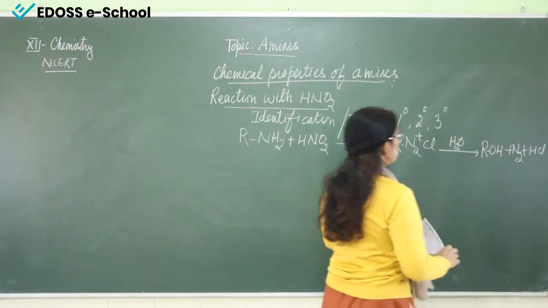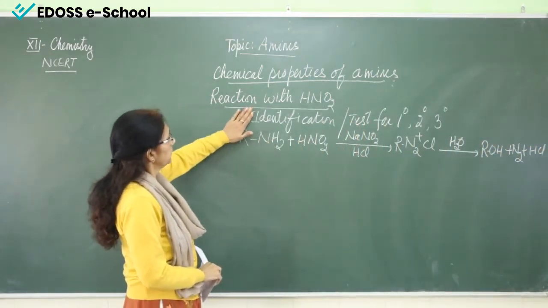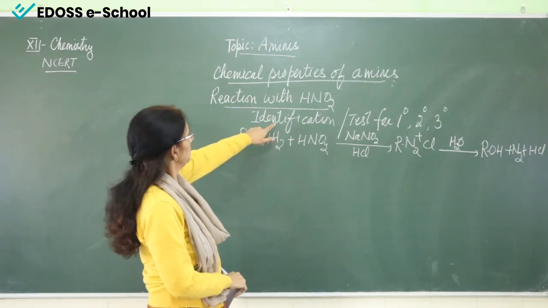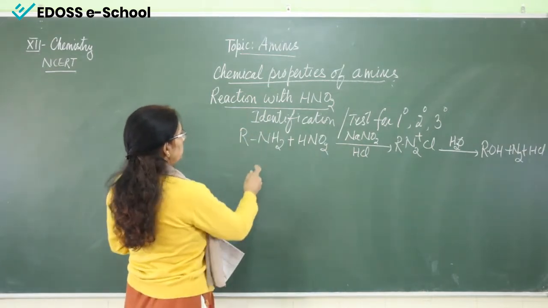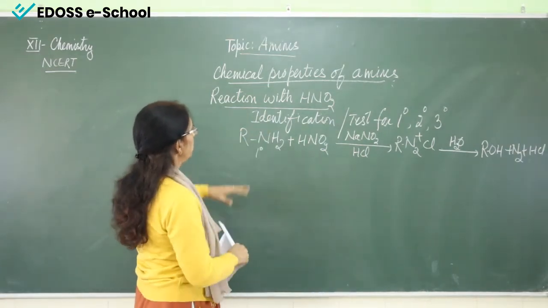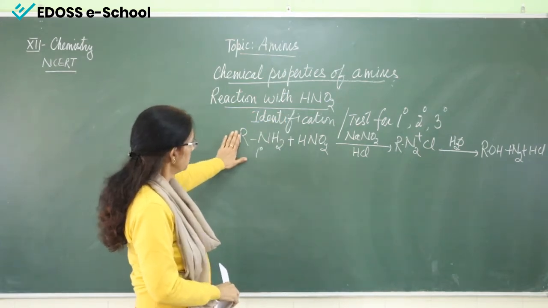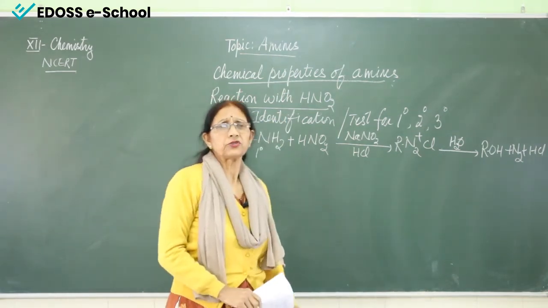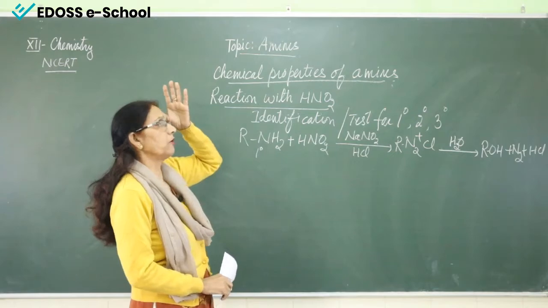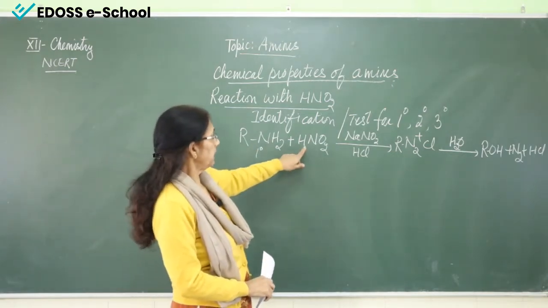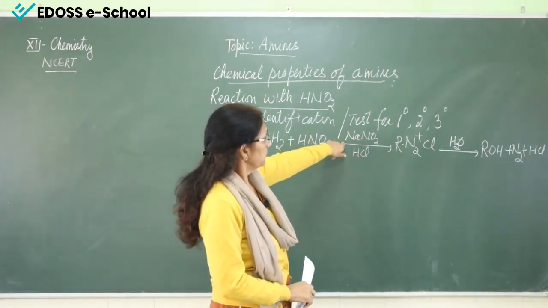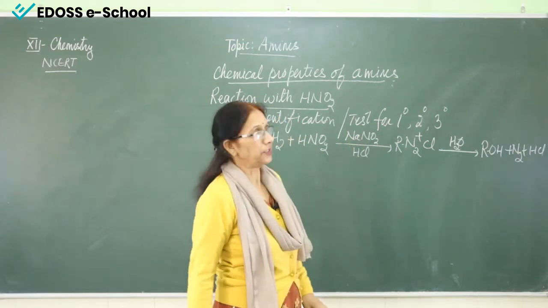Now see here, in this reaction, how can we identify primary amine with the help of nitrous acid? Suppose in the test tube we have primary amine. So how will we identify it? We will add HNO2, sodium nitrite and HCl.